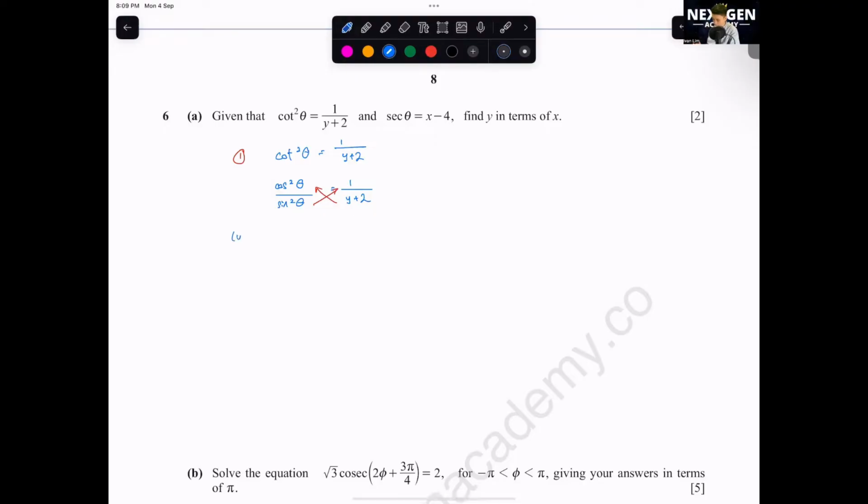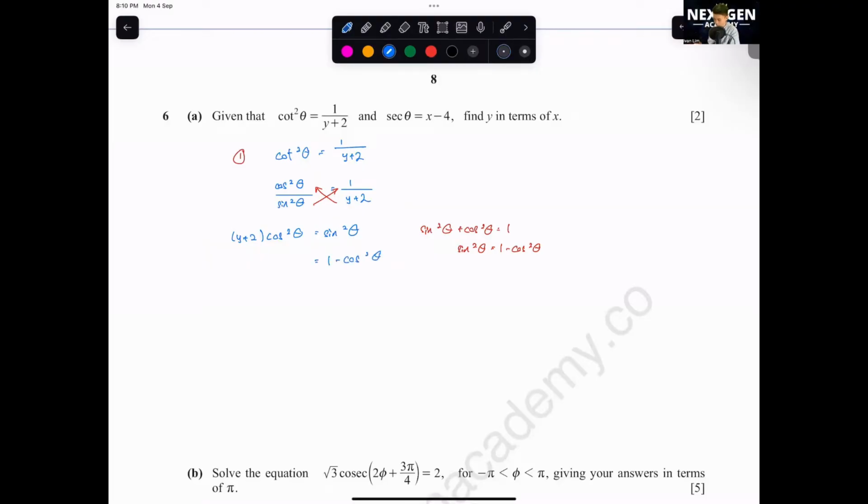So you'll get y plus 2 cos squared theta equals sine squared theta. What is sine squared theta? Sine squared theta plus cos squared theta equals 1, so sine squared theta equals 1 minus cos squared theta. So I'm going to change this into 1 minus cos squared theta first.